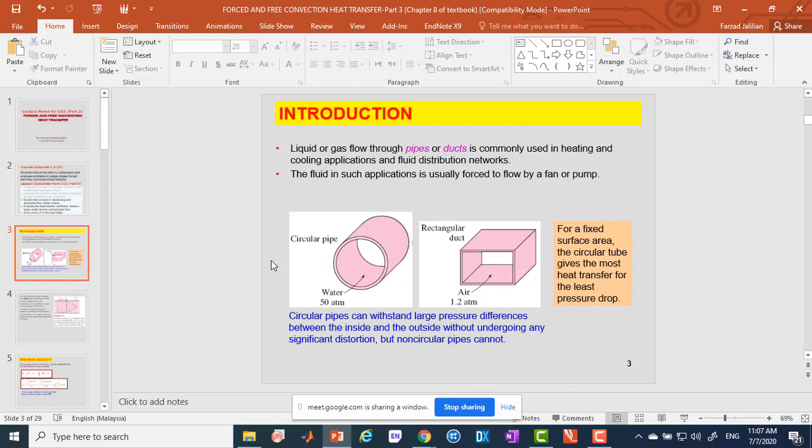You can use this pipe for the higher pressure. And as it is also mentioned here, for a fixed surface area, the circular tube gives the most heat transfer for the least pressure drop. We will see what it means. So usually the pipes which are being used for heat transfer in different devices by this internal flow are designed as a circular pipe because their heat transfer is the maximum.